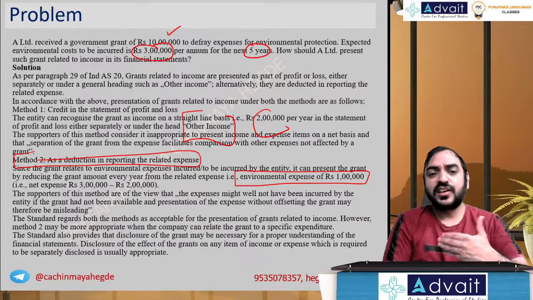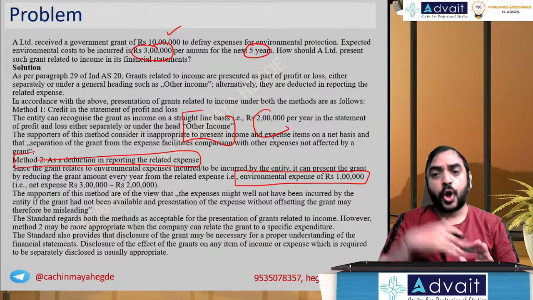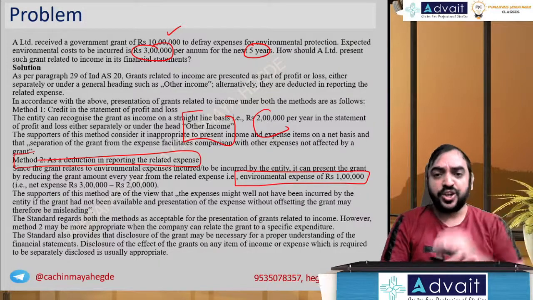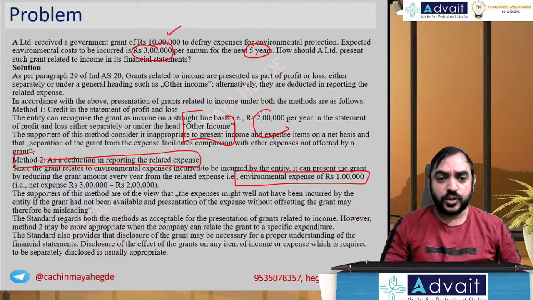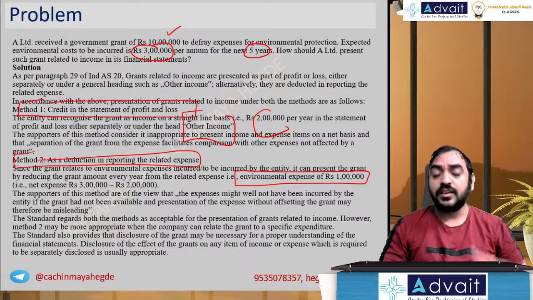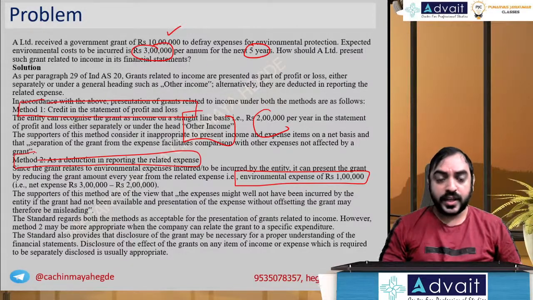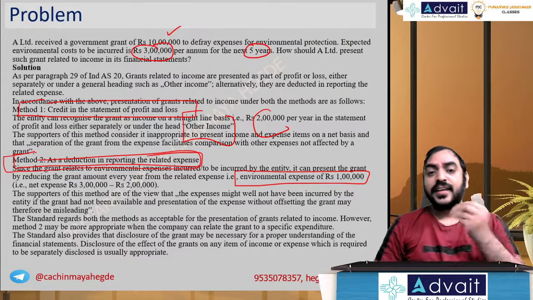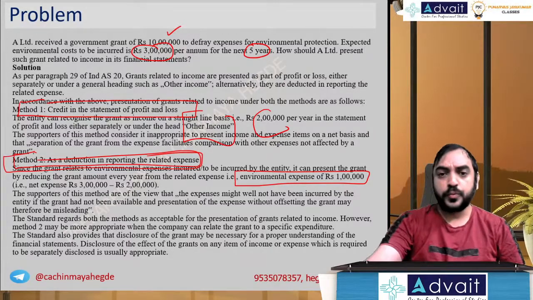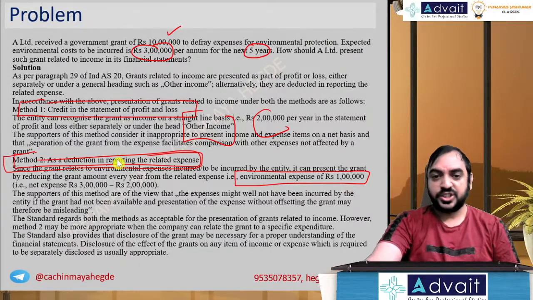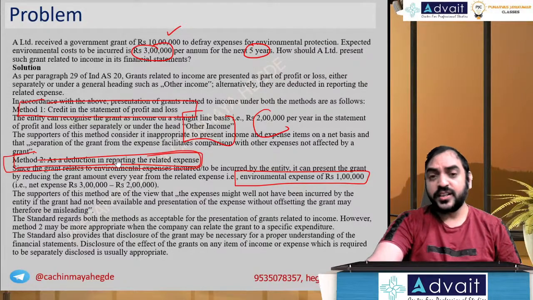So either it is net amount 1 lakh, or you show 3 lakh expense separately and 2 lakh income separately. Both the methods are available. So one is as a credit in the P&L account as a part of other income, or as a reduction from the related expense. So we have two methods applicable in this situation. You can read through it for the detailed answer. Let's move on.